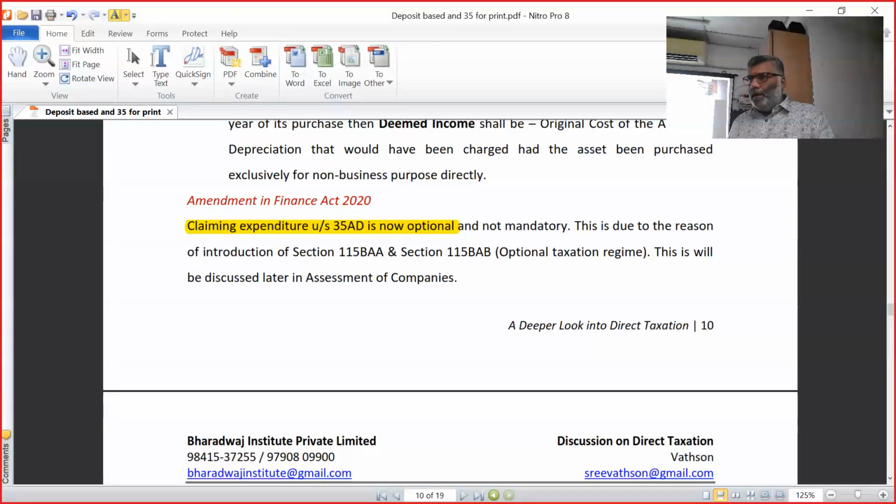Also 115 JC, alternative minimum tax: 115 JB is for companies, JC is for non-corporate assessees. There again, whatever 35 AD we claim should be added back. So on one side we are giving the benefit, on the other side we are pulling the trigger. Anyhow, this is 35 AD.